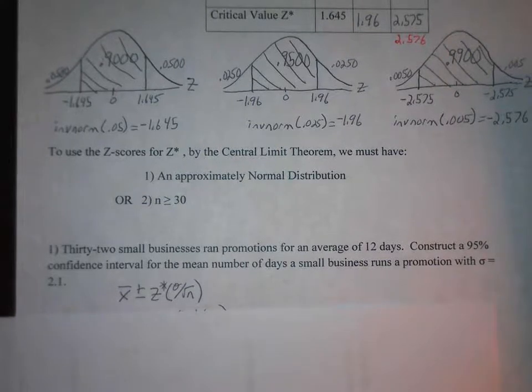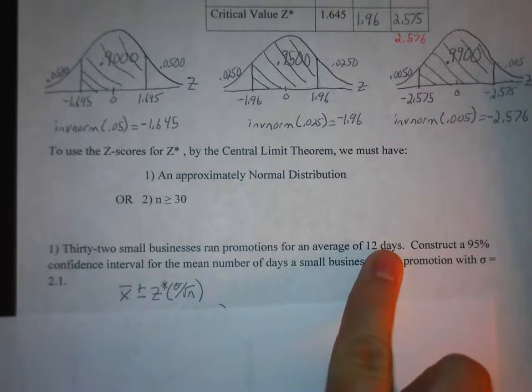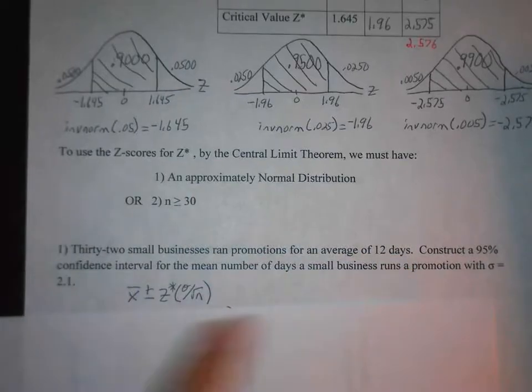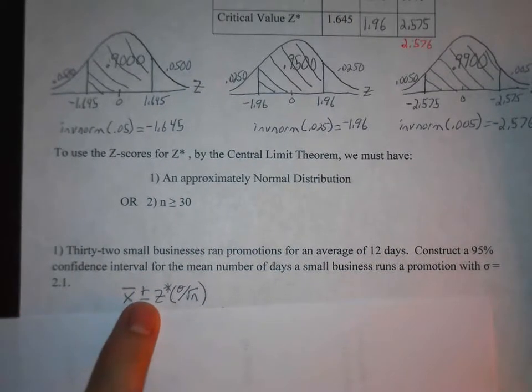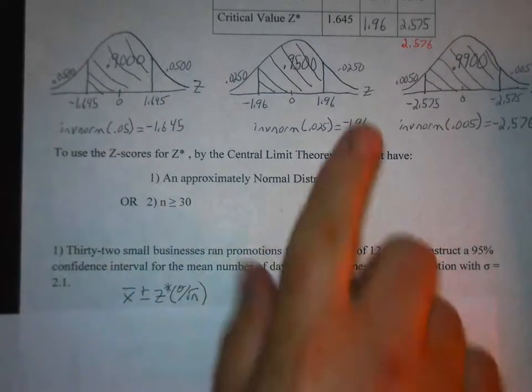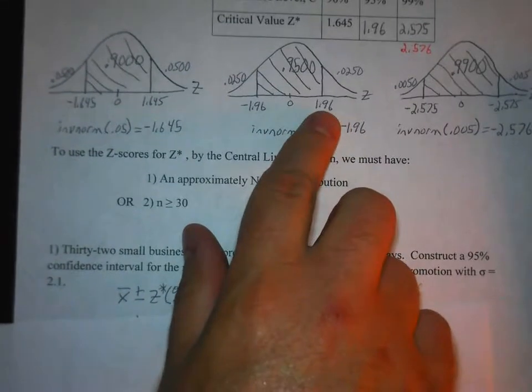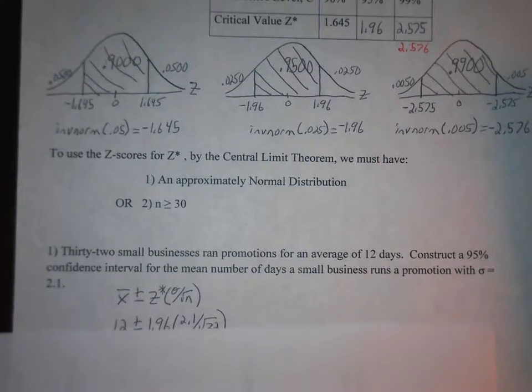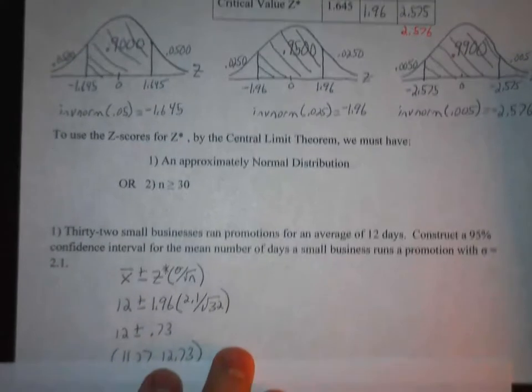So go through and plug your numbers in. The sample mean, they told you was 12 days. Z star, your 95% confidence level, that was 1.96 up here. And then sigma, they tell you is 2.1, and then n is 32. So go through and do those calculations.